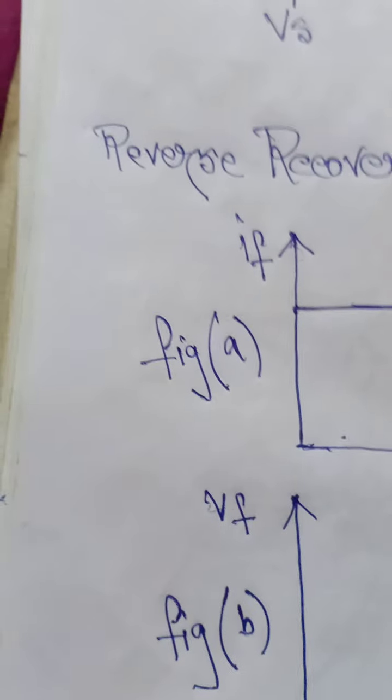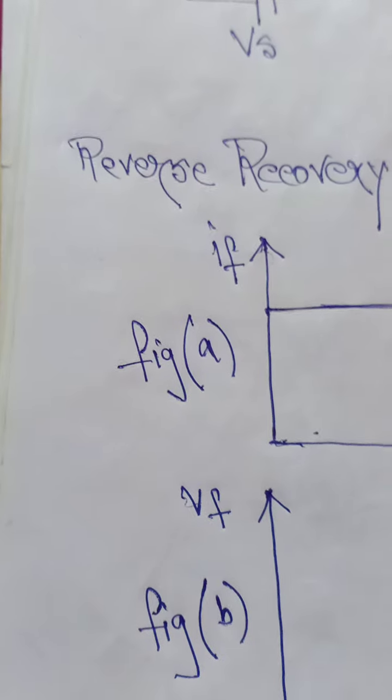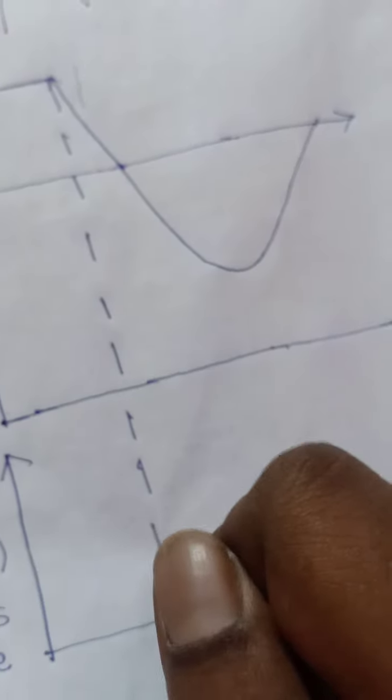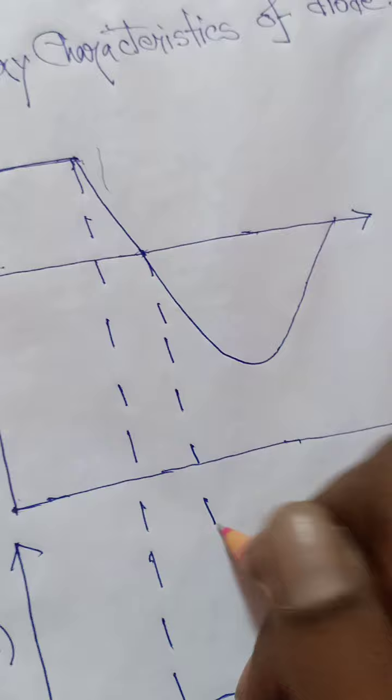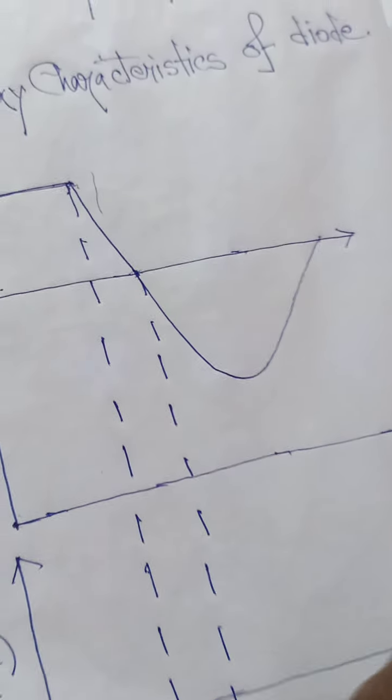Understand? Why this is so, I will tell you here. I will put a line. Okay, that is the 0 point.